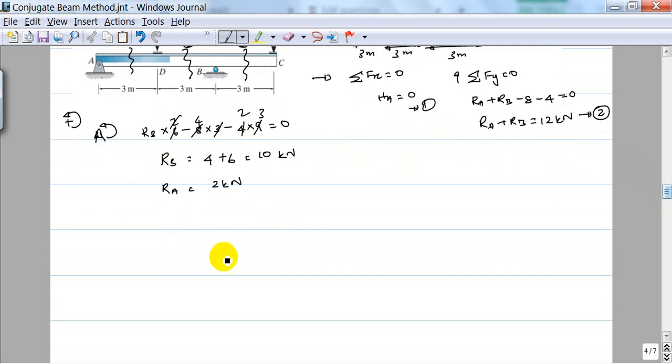So if I consider section 1, which is x greater than 0 and less than 3, it looks something like this. RA is 2 kilonewton, and at some distance x I'm going to mark Mx.